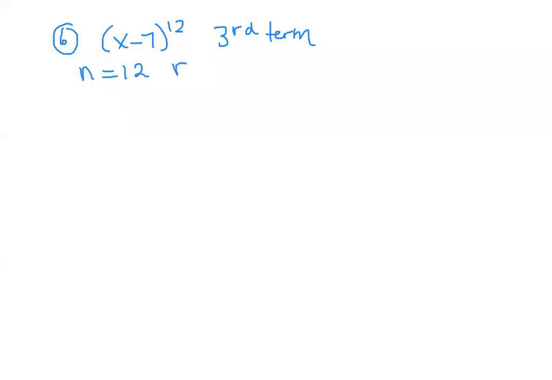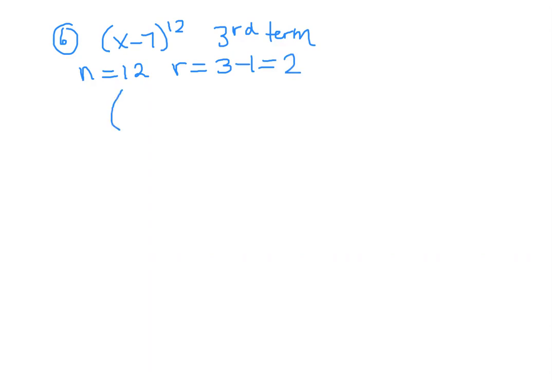Let's look at number 6. We've got x minus 7 to the 12th, and we're looking for the 3rd term. So n equals 12, and r equals 3 minus 1, which is 2.